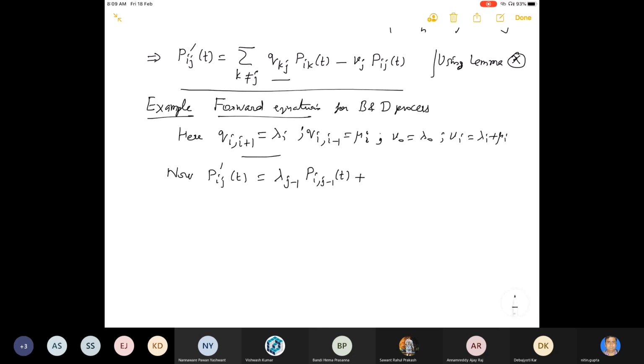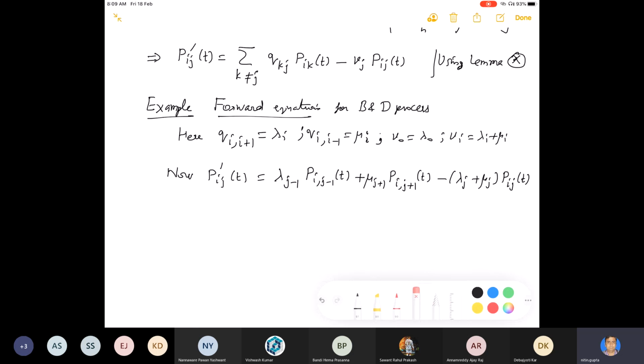Then plus, let us take k as j plus 1. So q j plus 1, j is mu j plus 1, and P i, j plus 1 t, and vj is nothing but lambda j plus mu j for the birth and death process, times Pij t. So this is the value we are getting for Pij prime t using the forward equation.